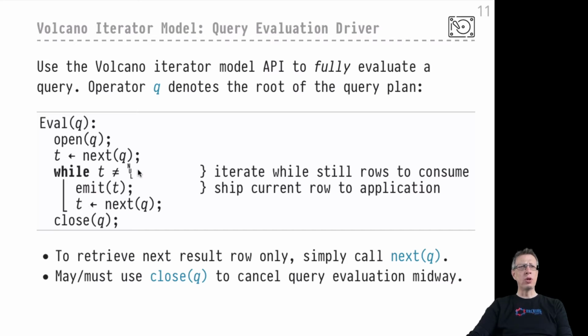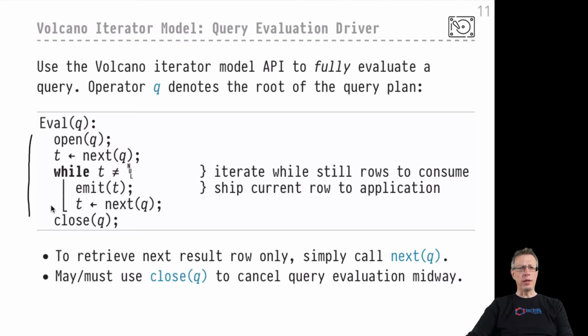If it's a null row, then we have seen all the rows that the plan can produce, and we'll then close the plan to properly clean up after ourselves and give all the operators in the plan the chance to deallocate their resources.